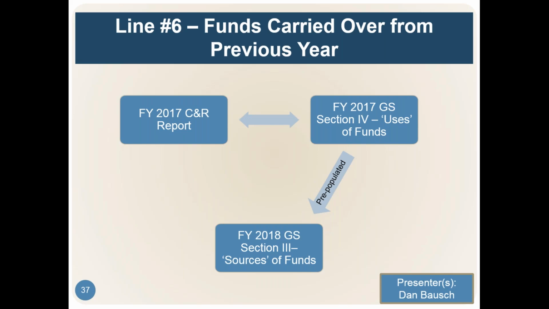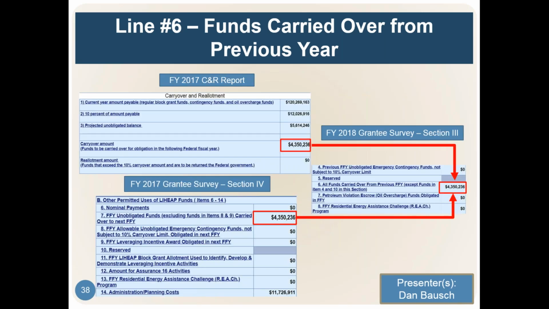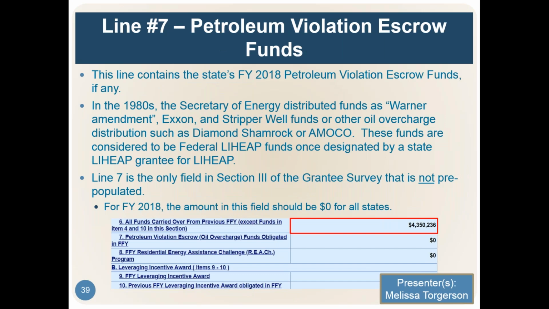And then that information is used to pre-populate this field in this year's sources of funds. And here's an example where a state has about $4.3 million that they're carrying over, and so you can see that amount reported in all three reports. So if you have any questions about this, we're going to be going over it more under uses of funds, and this is something that Melissa and I are happy to speak more about.